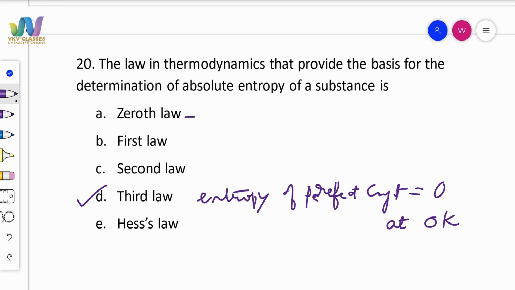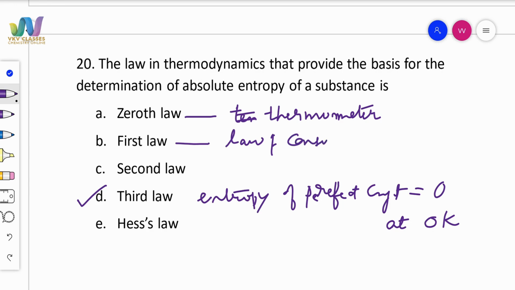Remember the other laws also. The zeroth law is the basis of the formation or working of a thermometer. Thermometer is based on the zeroth law. First law gives the law of conservation of energy.